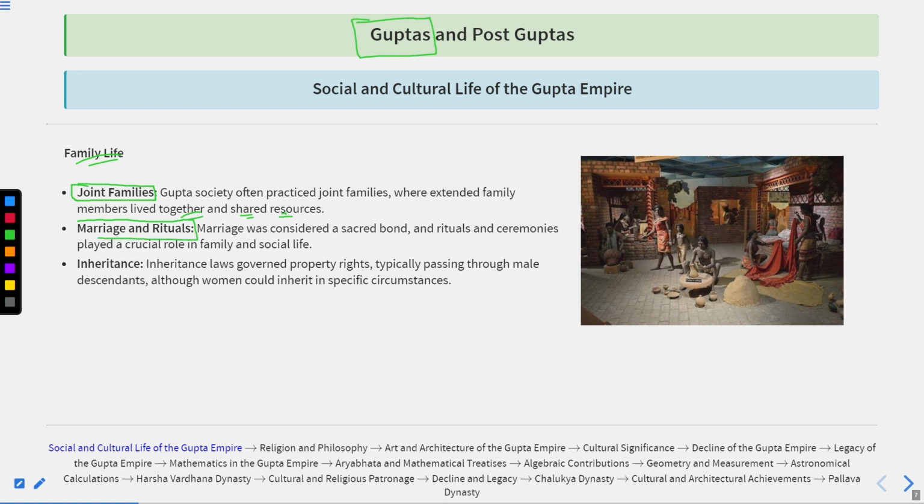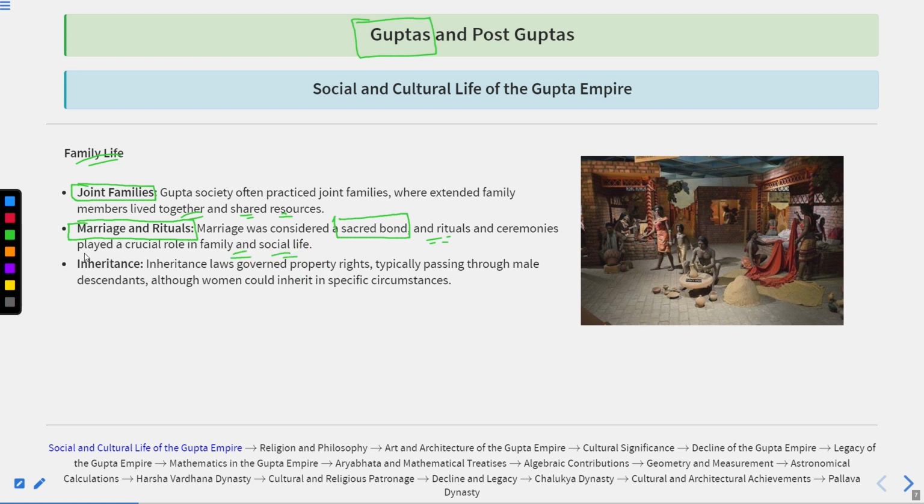Thereafter, marriage and rituals. During the Gupta period, marriage was considered a sacred bond, or the Pavitra Bandhan in Hindi. Rituals and ceremonies played a crucial role in family and social life.